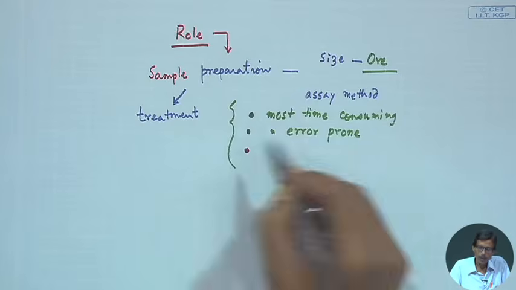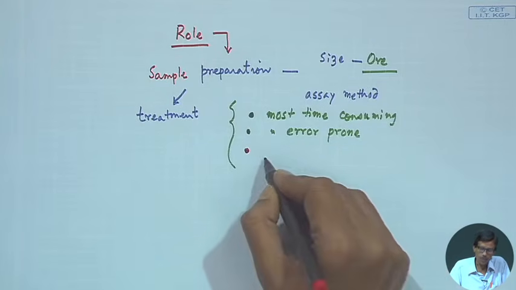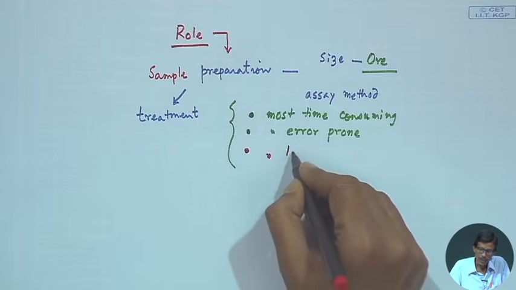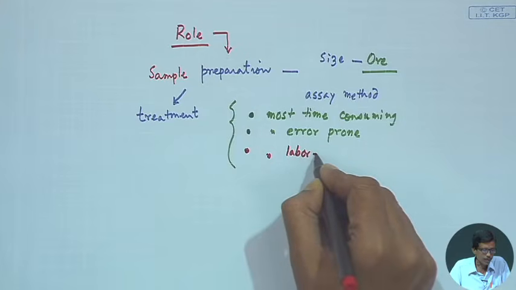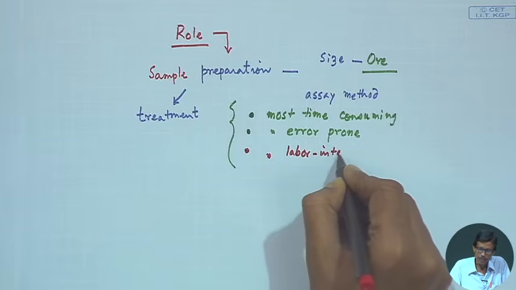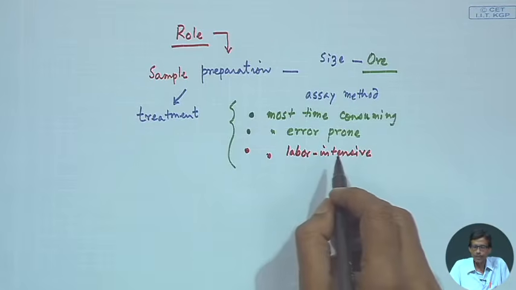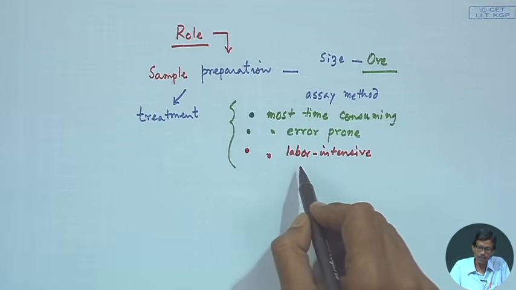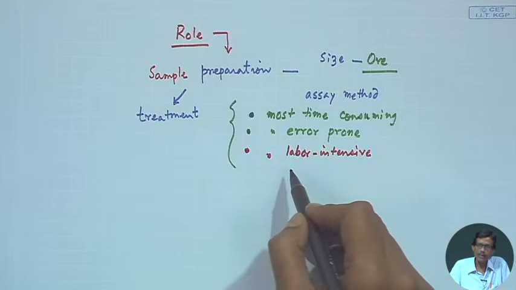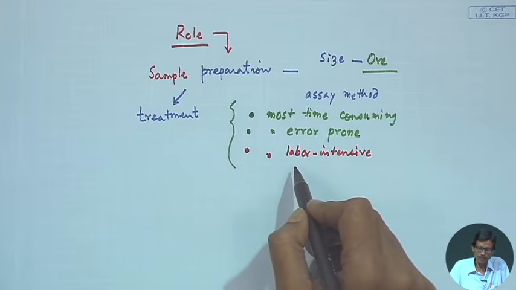And the third one is that it is most labor intensive. That means we must pay some time as well as some labor for that. So, it is a typical or a tedious process.